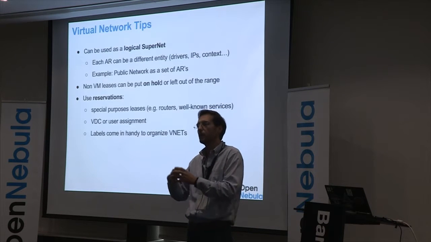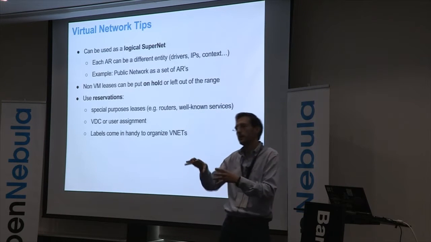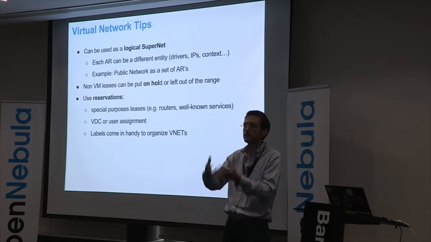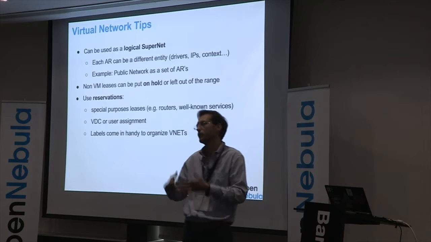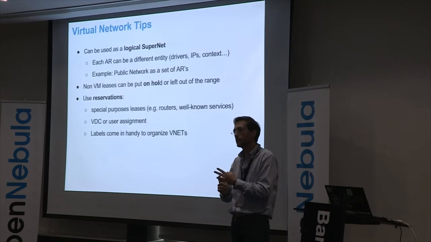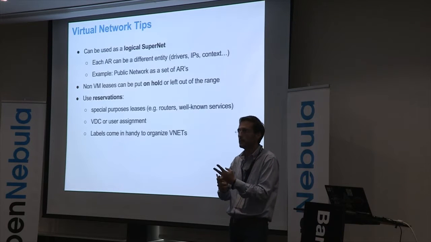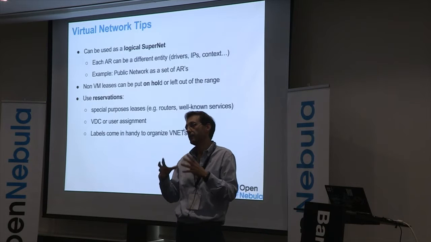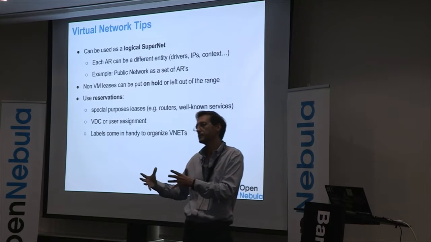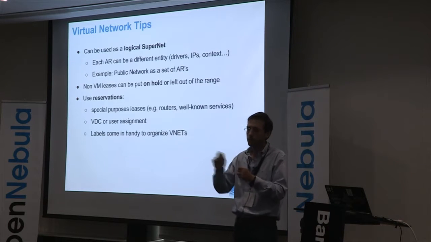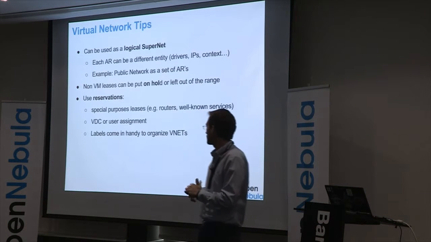For example, I'm going to take a given set of IPs from a network, and those IPs are going for the servers or services in my network, for example, for the DNS or DHCP or whatever well-known IP addresses that I need in a network. Putting that in a reservation prevents users or other VMs from taking those IPs, so you can control how those IPs are assigned, right?